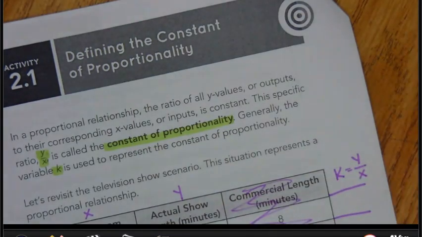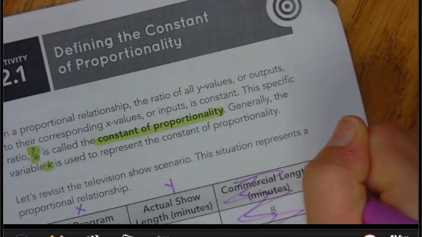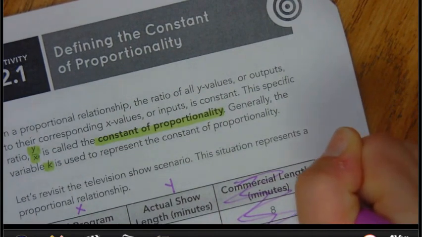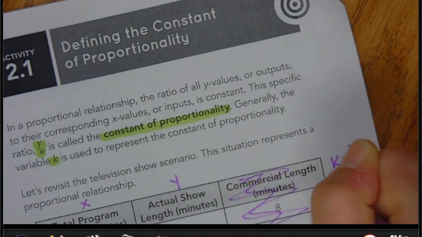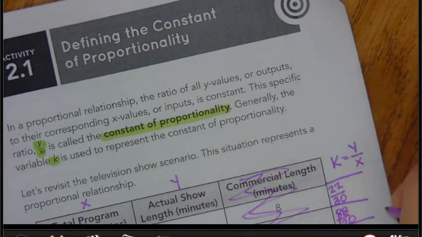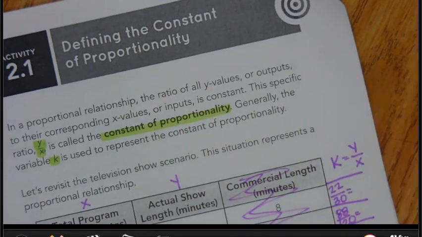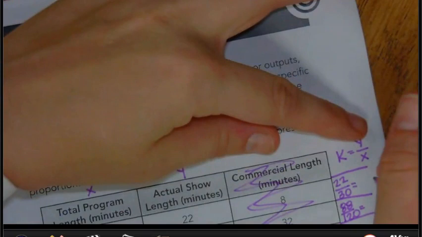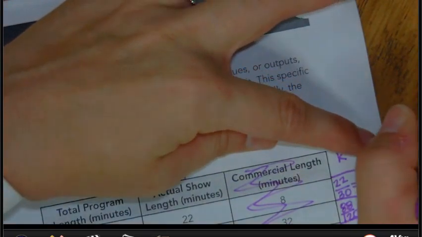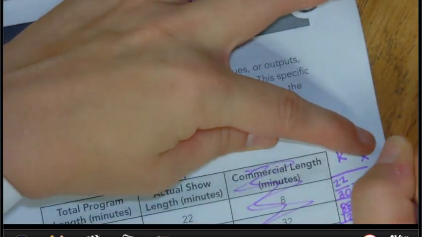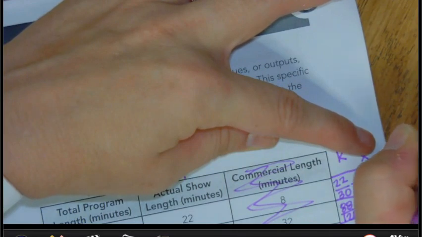We're going to have 22 over 30, and then 88 over 120. If you want it in decimal, it is 0.73 repeating.